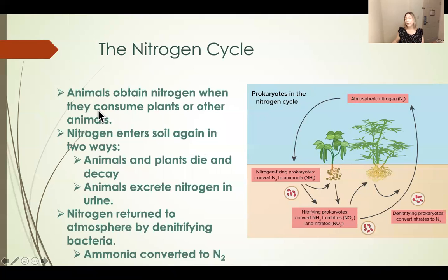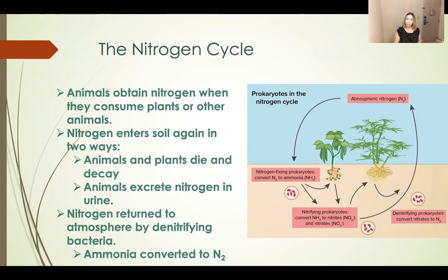So as you can probably tell by learning about all of this, plants are super important. So nitrogen goes from soil to plant. We eat the plant. Now nitrogen is in our body. So how does it get back into the soil?